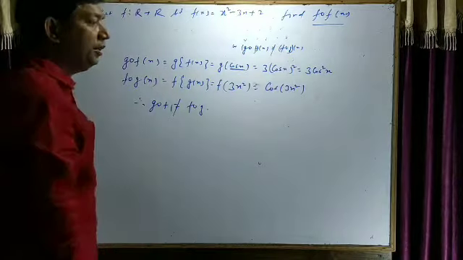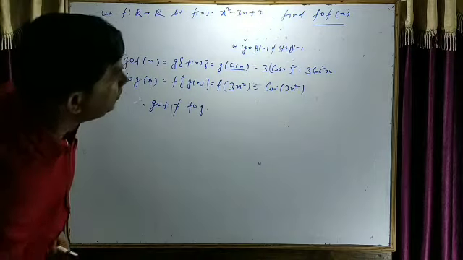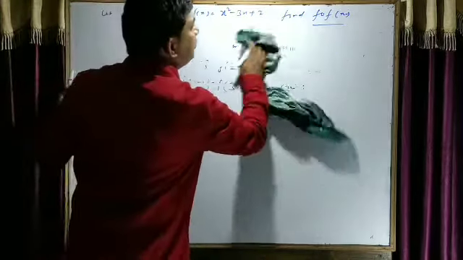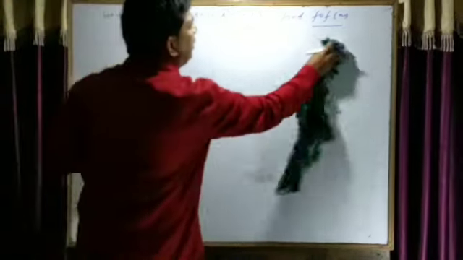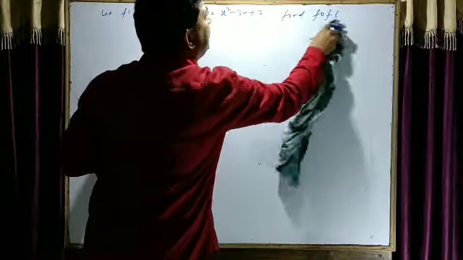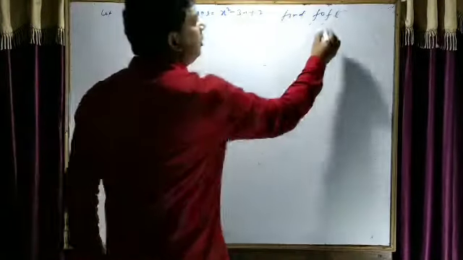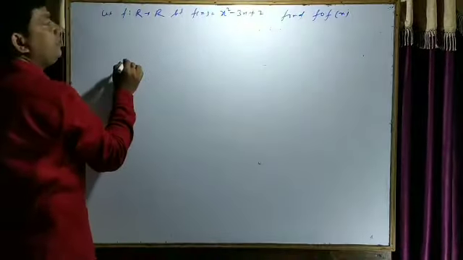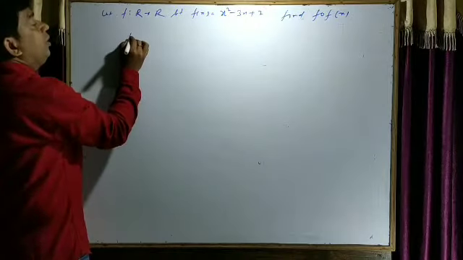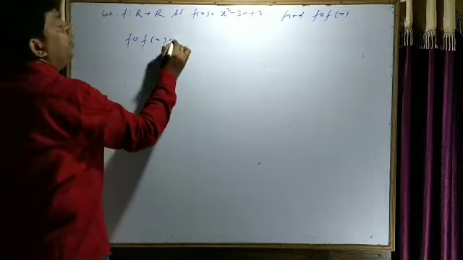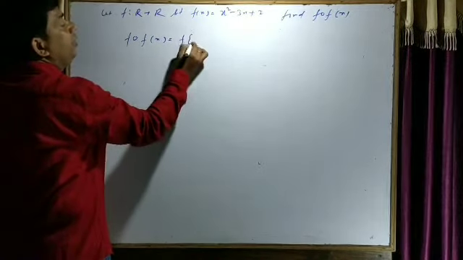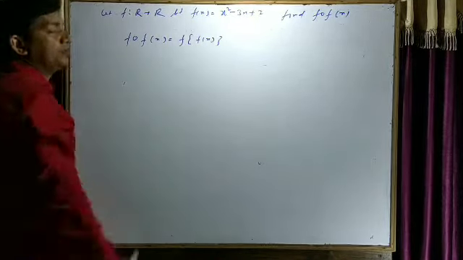f of f, so how can we see this? This is called f composition f, denoted by f of f, or f circle f. So f of f of x equals f of f x.